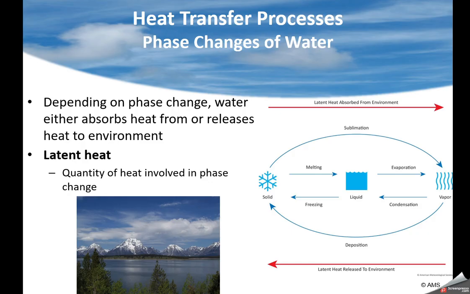So as it goes from a gas to a liquid to a solid, it is losing energy. Energy is going from that out into the atmosphere. The opposite way, if it goes from a solid to a liquid to a gas, more energy is being absorbed. So the atmosphere is actually giving energy to that liquid or that water and eventually turns it into a vapor. That changes the temperature in the atmosphere because there's latent heat, energy transfer that goes on from the atmosphere to the water.